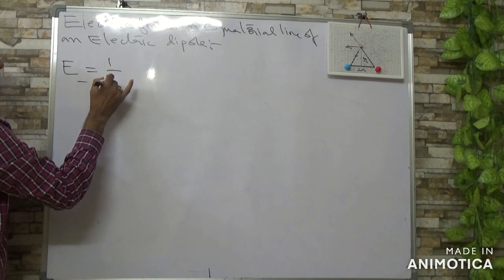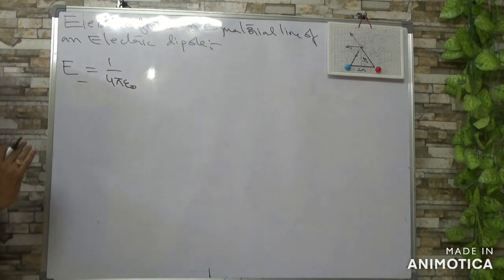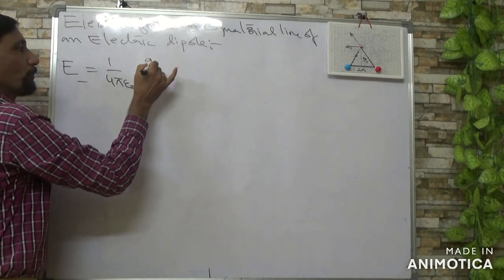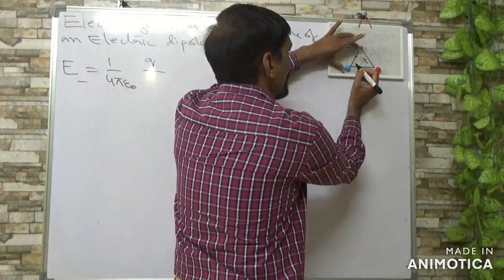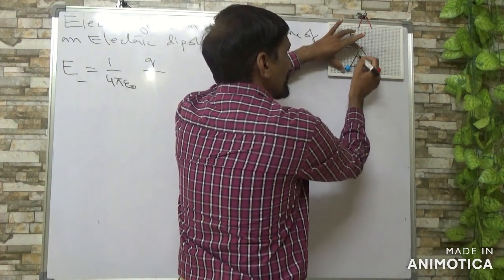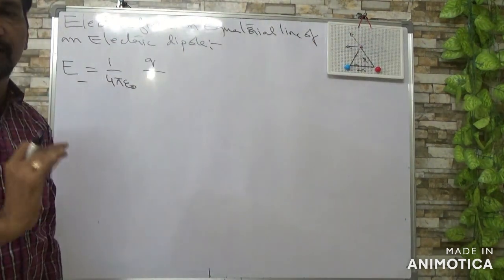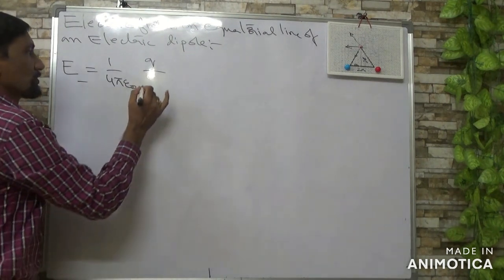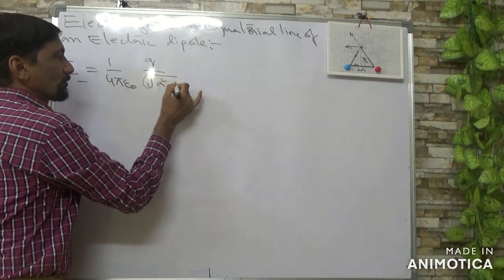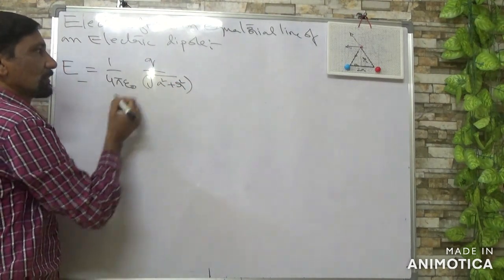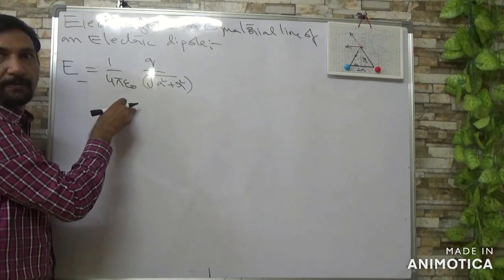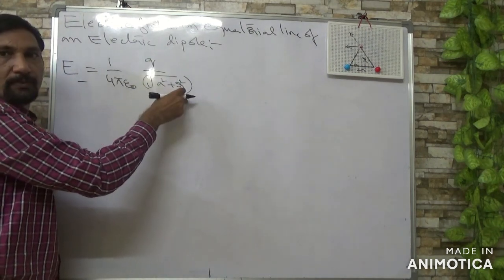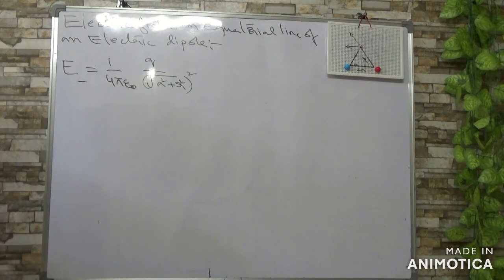So 1 by 4 pi epsilon naught into q by distance square. The total is 2a, which means this is a, this is r. So the distance will become root over a square plus r square according to Pythagoras theorem. So the formula of the electric field is 1 by 4 pi epsilon naught into q by (a square plus r square), that is due to the negative charge.